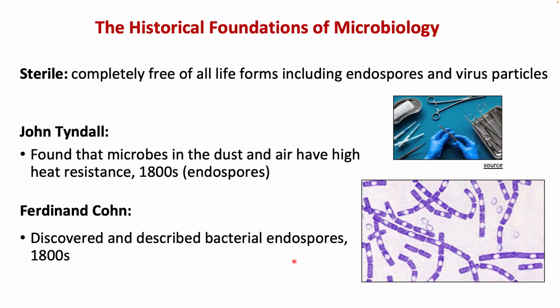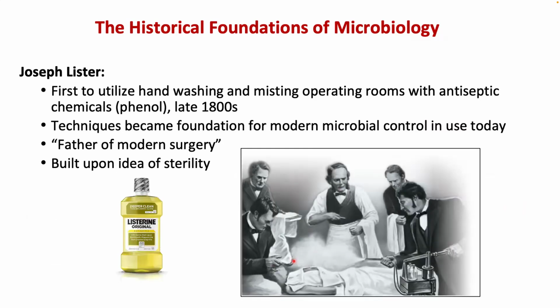So now we know that microbes are not only found in food, as people were postulating back in the day, but they are also present in air and in dust. And then there is a need to protect ourselves against them. Following that, Joseph Lister was the first to utilize hand washing and to clean the operating room with an aseptic chemical.